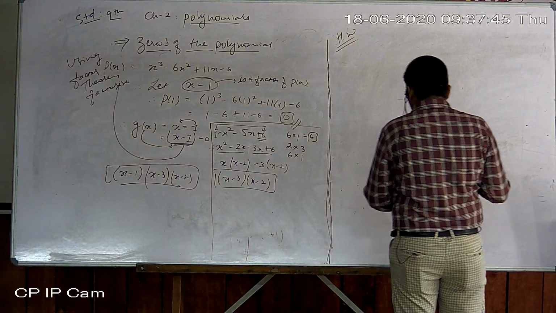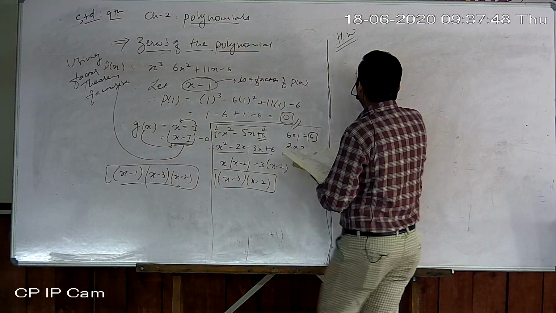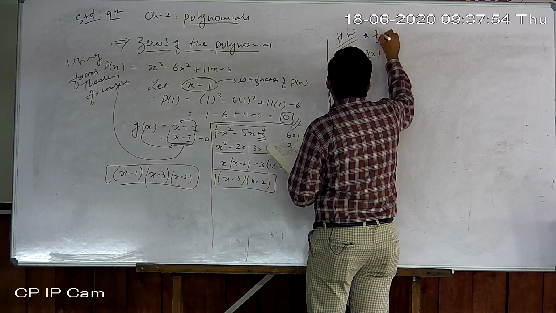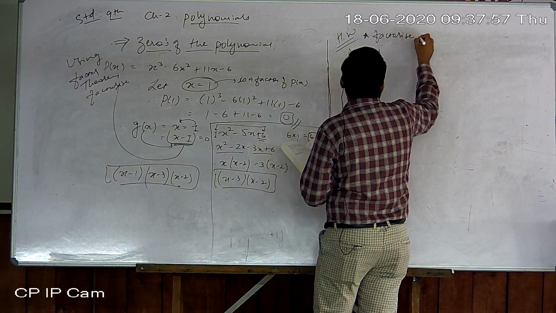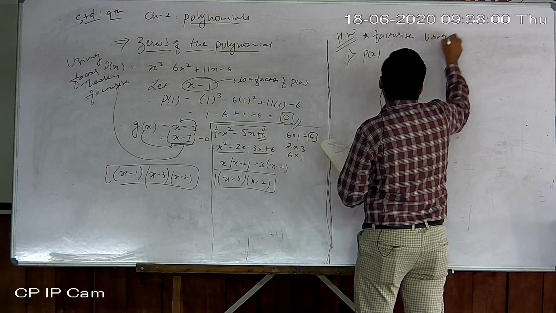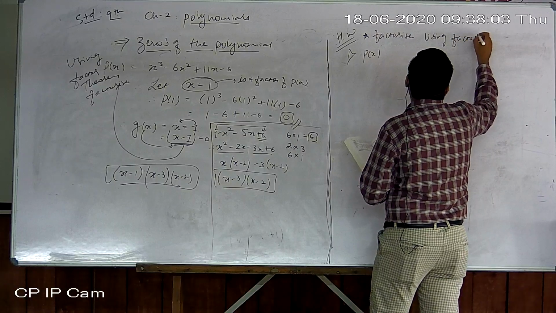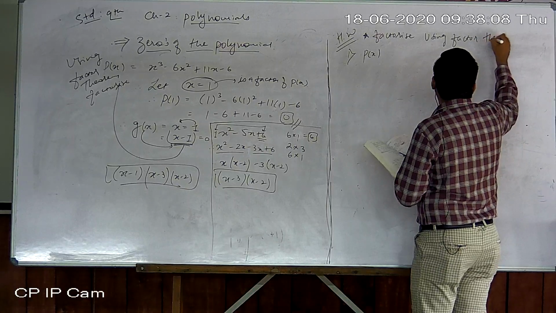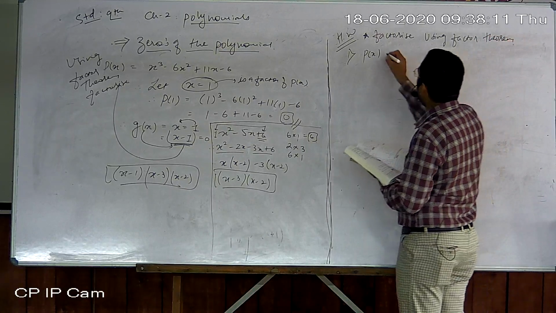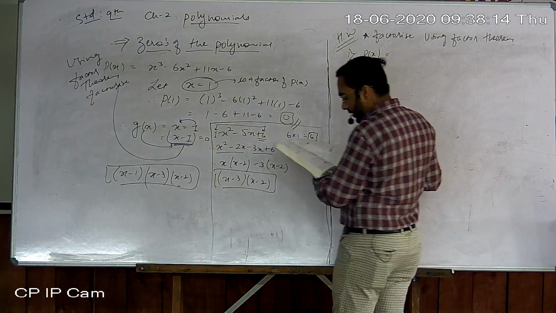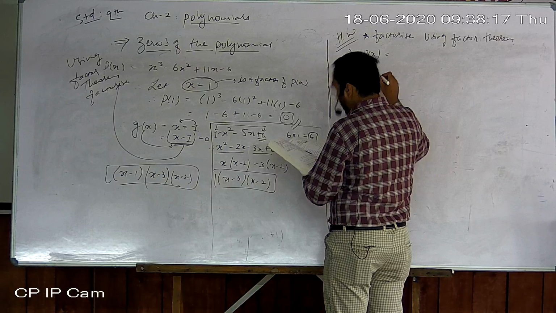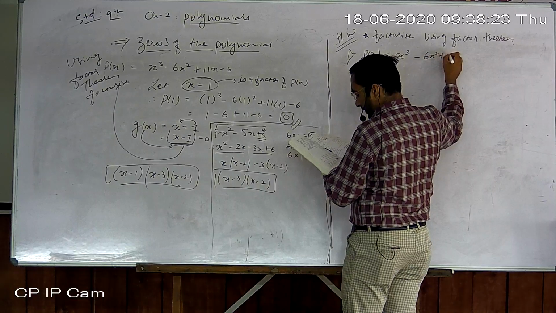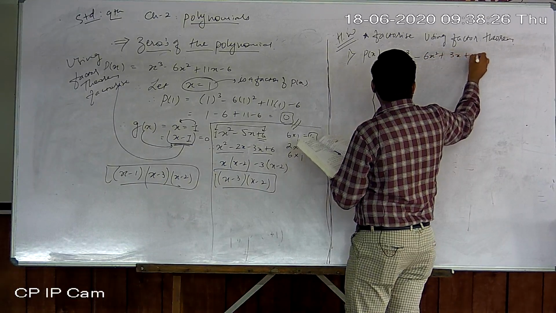Now write the homework. My question is: factorize using the factor theorem. First, p of x is given as x cube minus 6x square plus 3x plus 10.